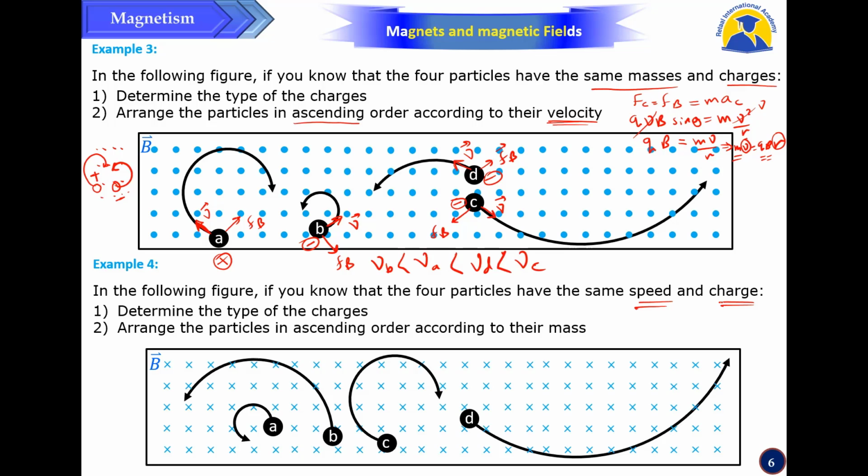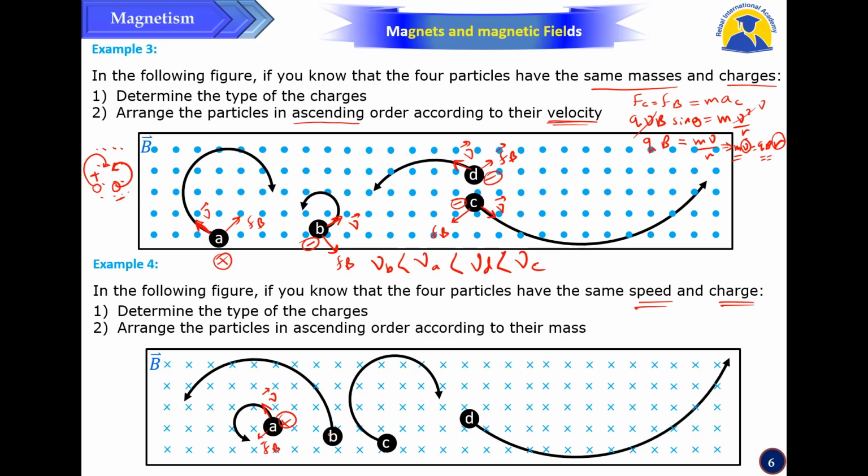We can do it manually or we can just follow the rule. Here, the direction of velocity is in this direction. The magnetic field direction is negative z, meaning inside the page. So the direction of force, FB, will be in this direction. So this one is positive.